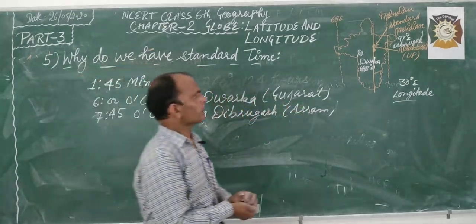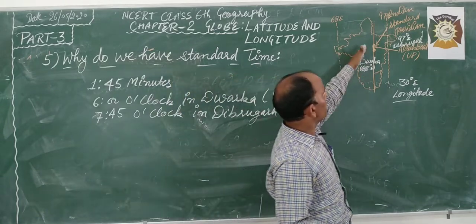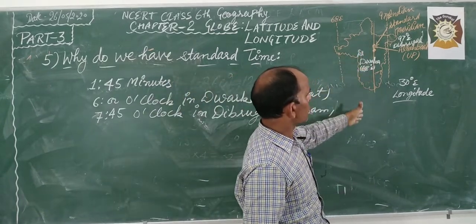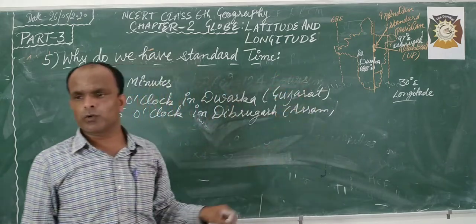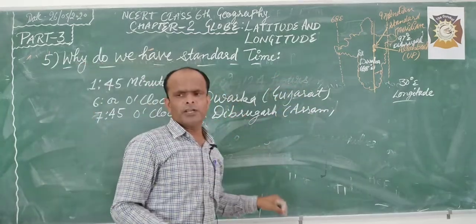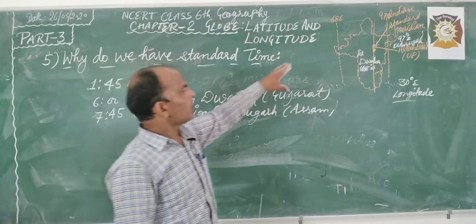So for this purpose, a standard Indian meridian was drawn, that passes through the city of Allahabad. It runs through the center of the country.